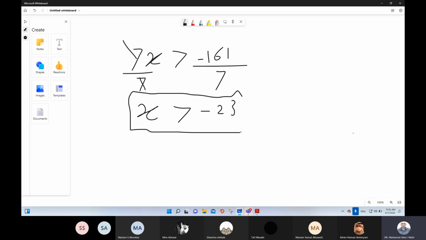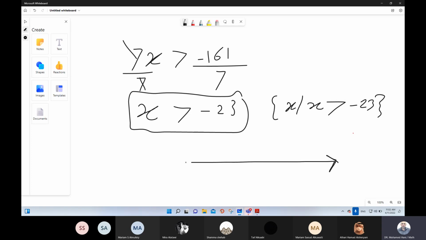Then we can write the solution set: x such that x is greater than negative 23. And we can graph this inequality. Represent 0 in the middle here.